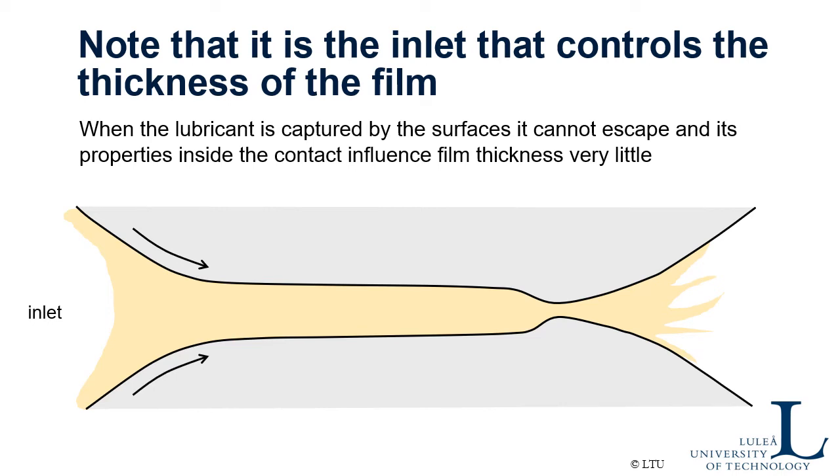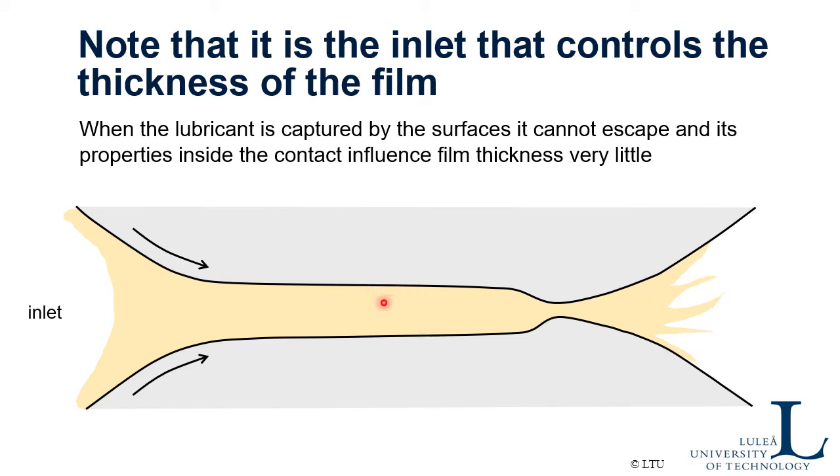I want to say one important thing here. It's that it's actually what is happening in the inlet that controls the thickness of the film. As you recall, the viscosity inside the EHL contact becomes very high in here when it's pressurized to gigapascal levels, and it can't really escape when it's in here.